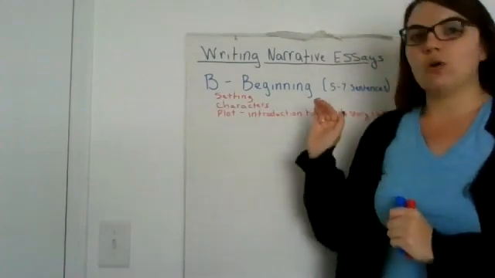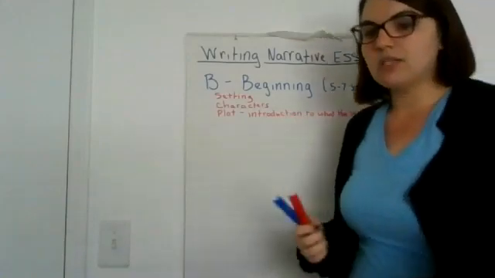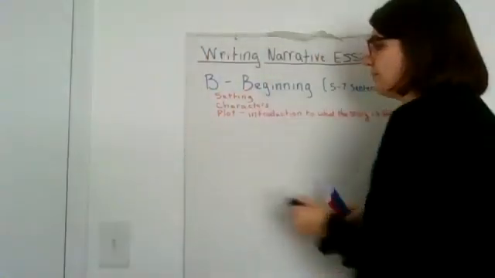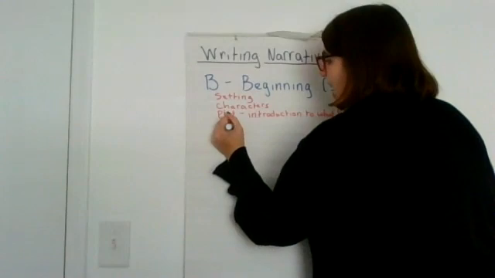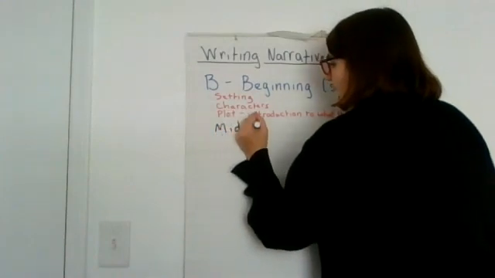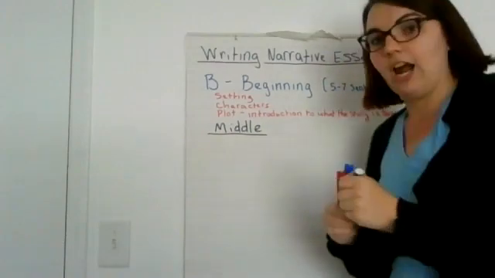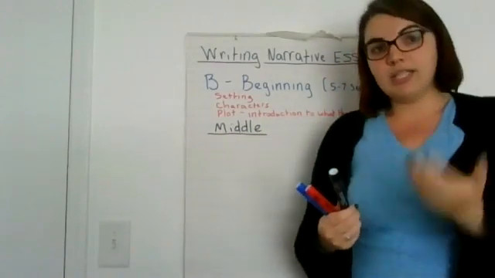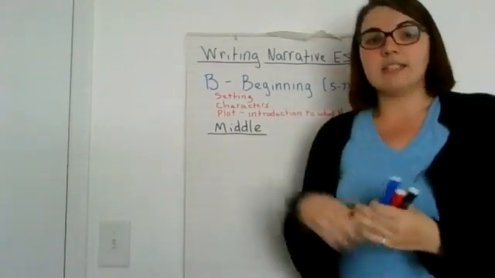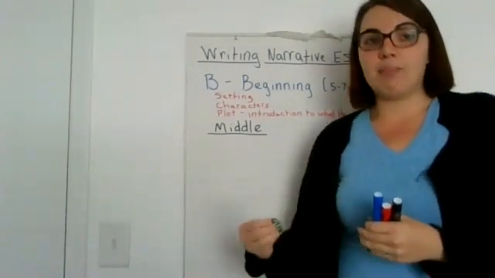Next, we will go to our middle section. Now, the middle section of your essay is going to have 3 paragraphs, and we're going to call these paragraphs T1, T2, and T3. The T stands for things that happen in the story.